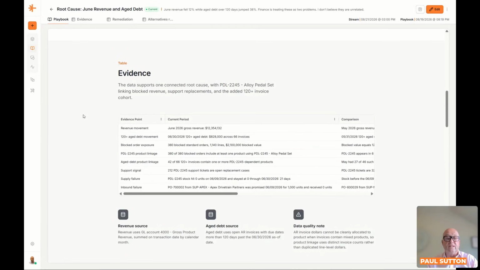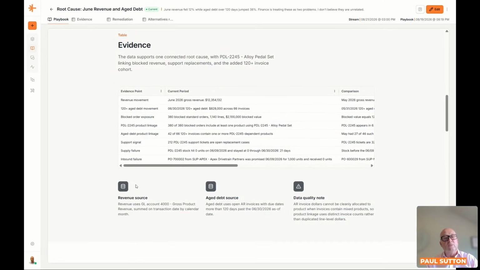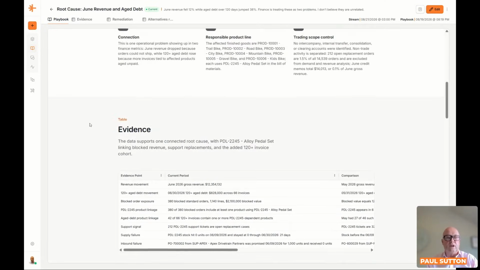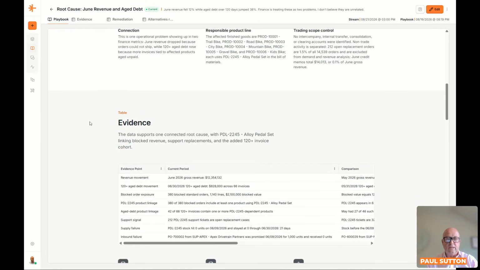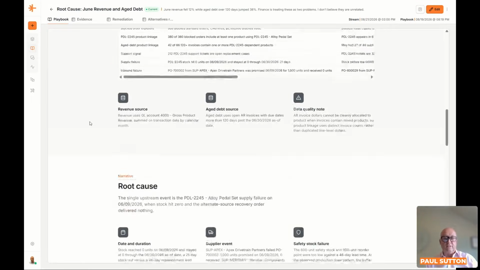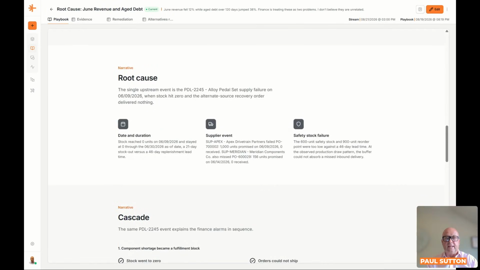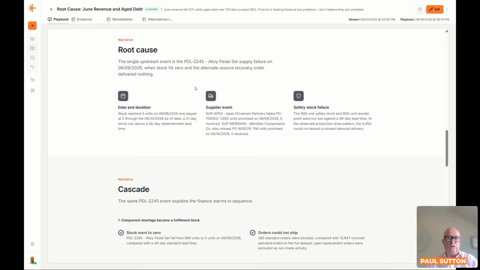This is the type of insight that you wouldn't get. What's important in these playbooks in our mind is the narrative. What is the story behind the numbers? Our belief is that if you understand the story behind the numbers, it gives people the ability to interpret them better, but it also gives you the confidence to be able to make those decisions. It looks down here and gives me the basis of the root cause. It's saying that it hit a zero level and the alternative supplier didn't kick in.